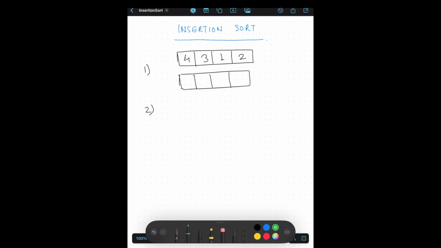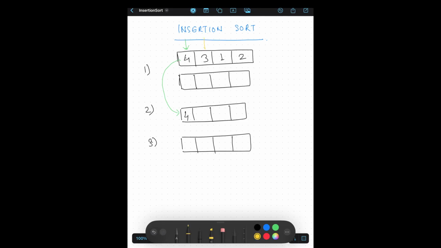So in the second iteration, we are going to pick the first card and place it in the sorted hand. So this comes here. Then the third iteration, it is exactly like when you play cards.